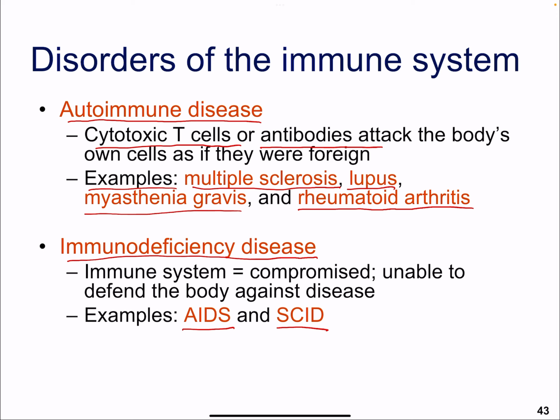It can be helper T cells, it can be cytotoxic T cells, it can be B cells. In any case, our immune system is compromised. Okay? Because our immune system is compromised, we are unable to maintain good quality of protection. Therefore, this is an immunodeficiency disease.